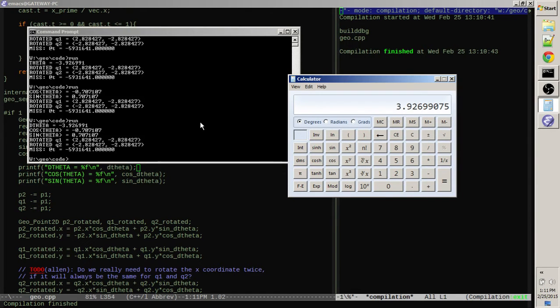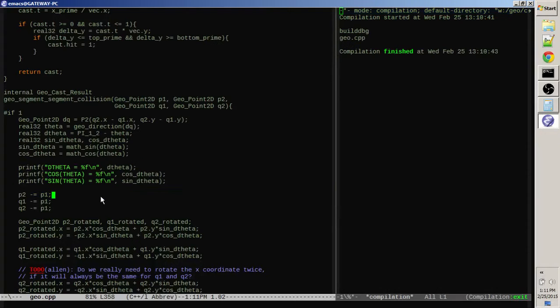So that means we're pointing in that direction negatively. So if you go all the way around the circle, the negative direction, the x in that direction is negative, and the y in that direction is positive. So the cosine goes with the x, and the sine goes with the y. Those seem reasonable. And the 0.7 would be half of the square root of 2, if I remember correctly. Square root of 2 divided by 2. Yes, so those are completely right.